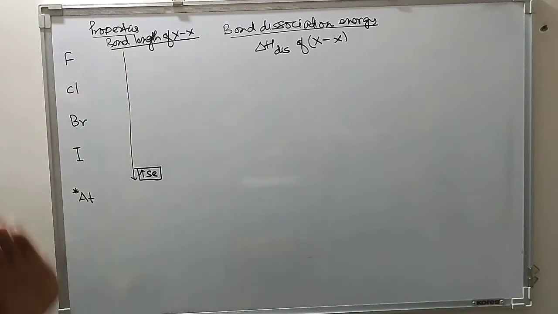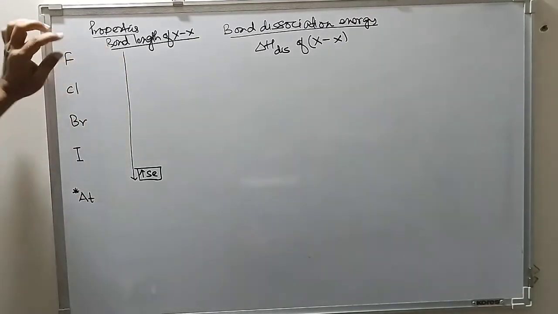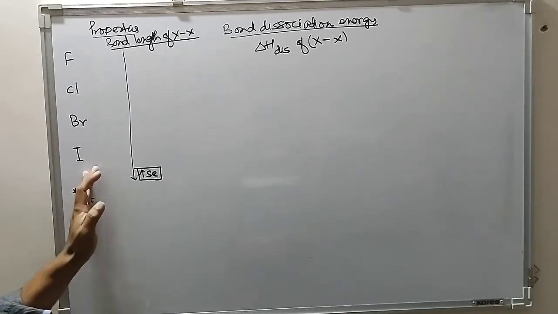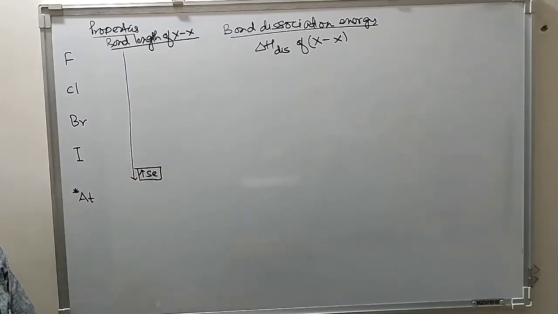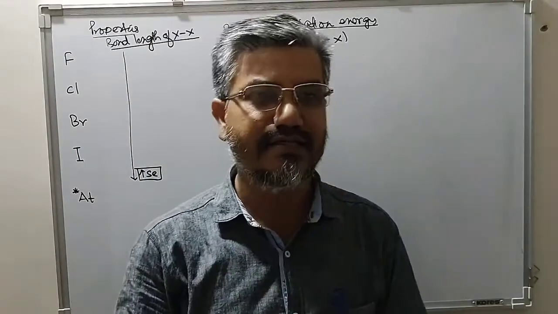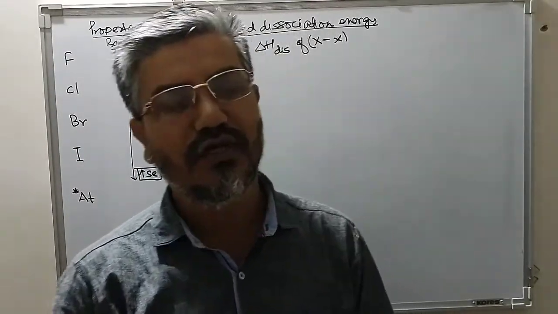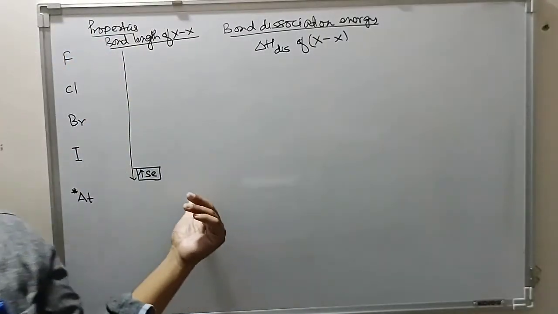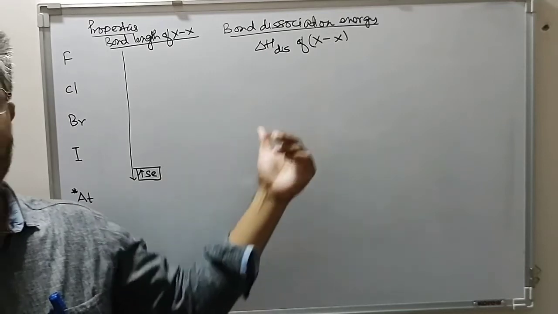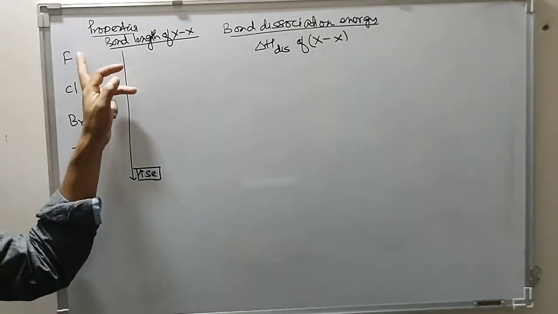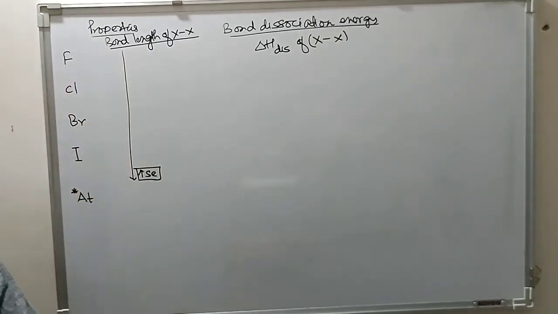Now we have just seen F2 bond being the shortest, I2 bond being the largest. Now if the bond length is less, bond strength is more. So if the bond length increases from fluorine to iodine, the bond dissociation energy must decrease from fluorine to iodine.